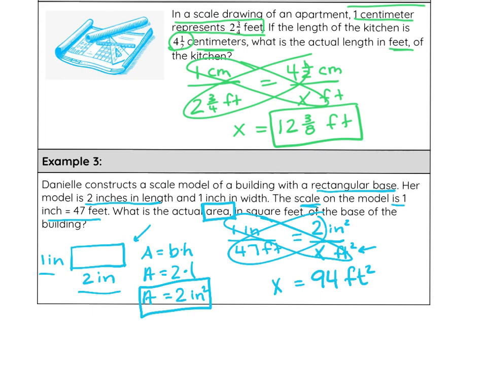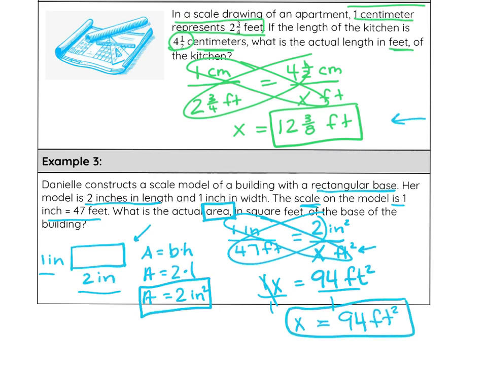Now, I'm worried some of you are going to get confused why I didn't put a number in front of x. Just know because x times 1 is 1x, and if I divide by 1, I'm still going to get 94 feet squared. Same thing for this one. You can do that, it's just unnecessary, okay? Alright, so x is 94 feet squared.